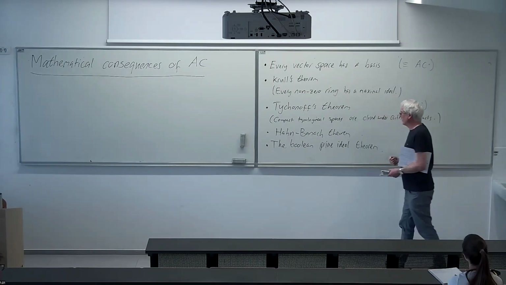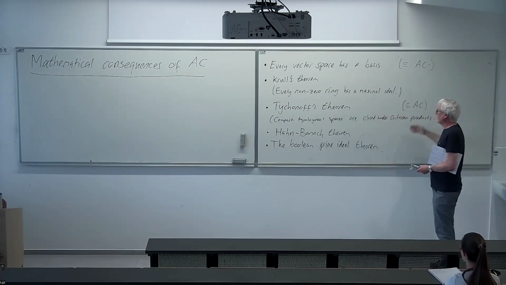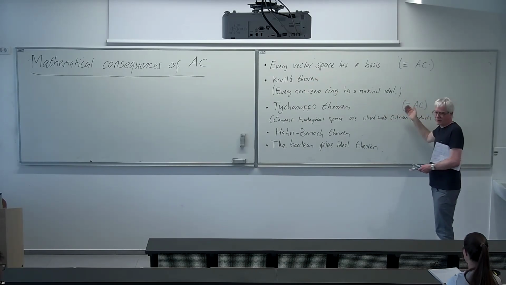Even for Tikhonov's theorem, you can say for spaces for which we can prove the product is compact, and one can make workarounds, but obviously that would make mathematics clumsier.